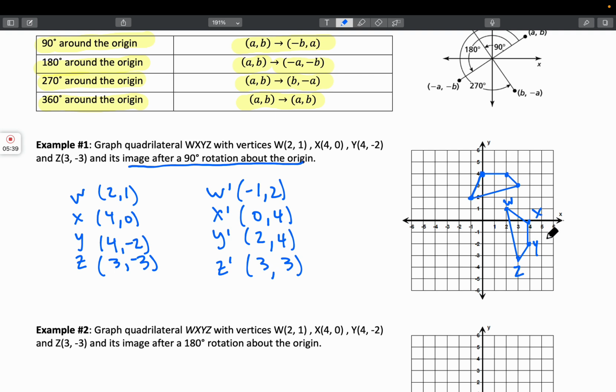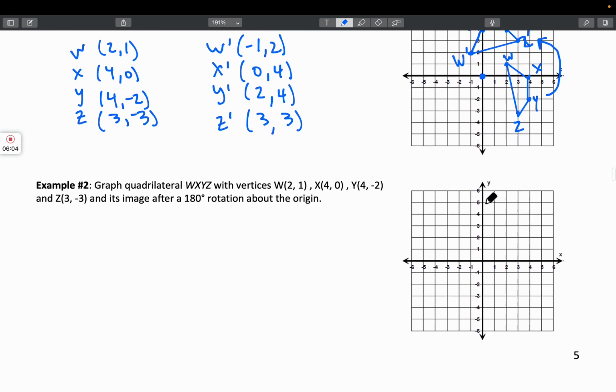So you can see here how this comes up in this counterclockwise direction to give us that 90 degree rotation around the center point here, that origin. So here is W prime, X prime, Y prime, and Z prime. There is our image quadrilateral.